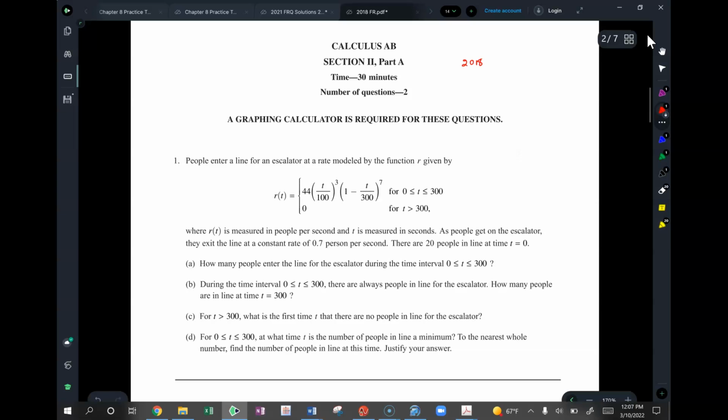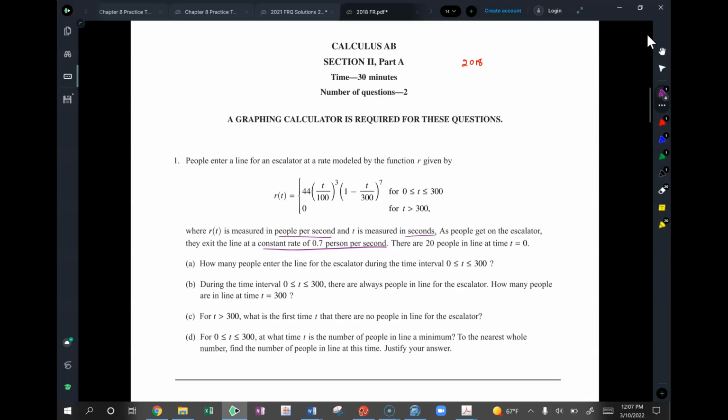So this is the rate at which people enter the escalator. R of t is measured in people per second. T is measured in seconds. As people get on the escalator, they exit the line at a constant rate of 0.7 per second. There are 20 people in line at time t equals 0.